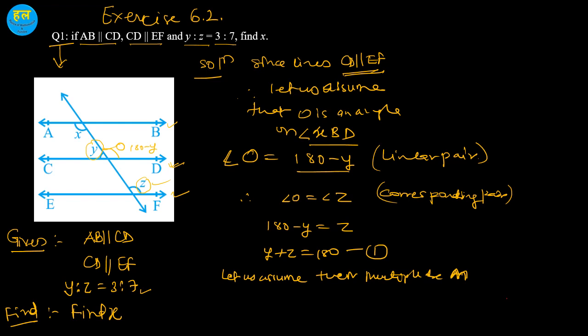Therefore, Y will become 3 upon 3 plus 7 into M, and Z will become 7 upon 3 plus 7 into M. We already know from our previous classes. So Y will become 3 upon 10 M and Z will become 7 upon 10 M, right?